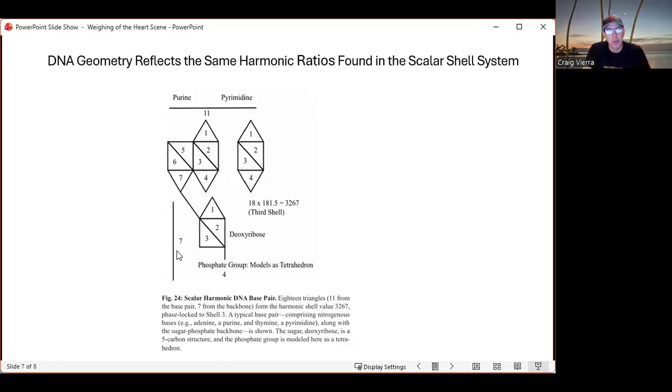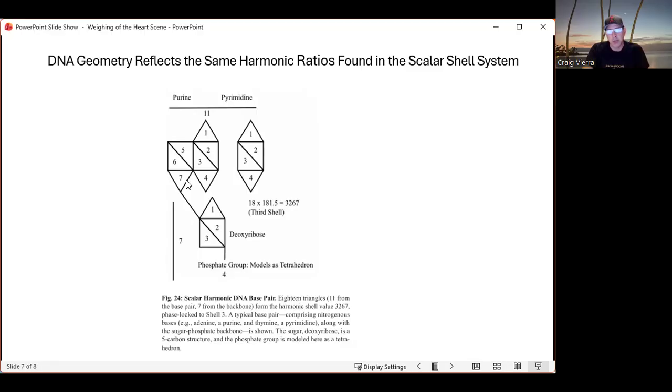So we have 11 triangles here and seven here. In my math, each triangle is 181.5 degrees for the internal angles. And if you take 18 times 181.5, you get 3267. So this is for one base pair.